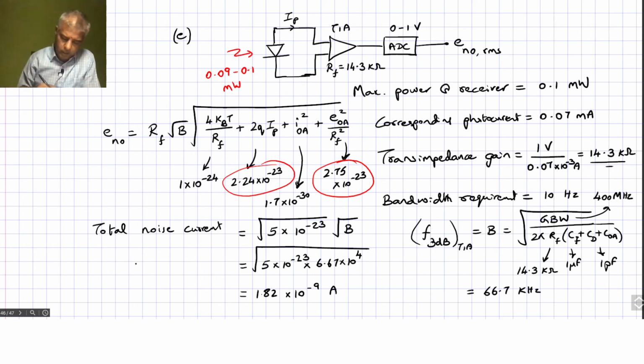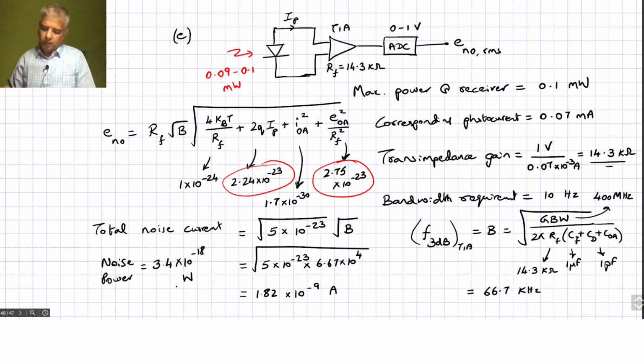But when we talk about noise power, that will be the square of that. So, that will become 3.4 into 10 power minus 18 watts. Okay. So, when we want to do the calculation of the equivalent optical power, this is actually the electrical power, right.